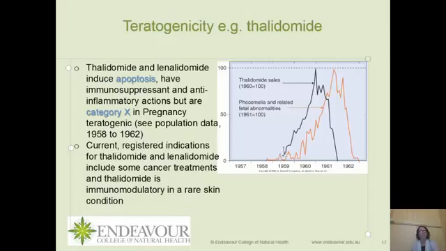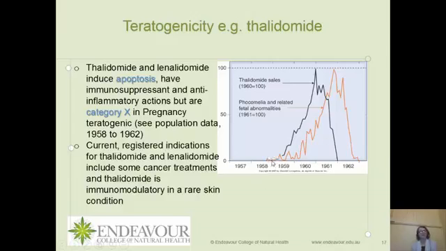So the black line shows the sales of thalidomide once these reports were published, and this substance was then marketed and available. The red line shows the studies done by McBride and others that reported a correlation.